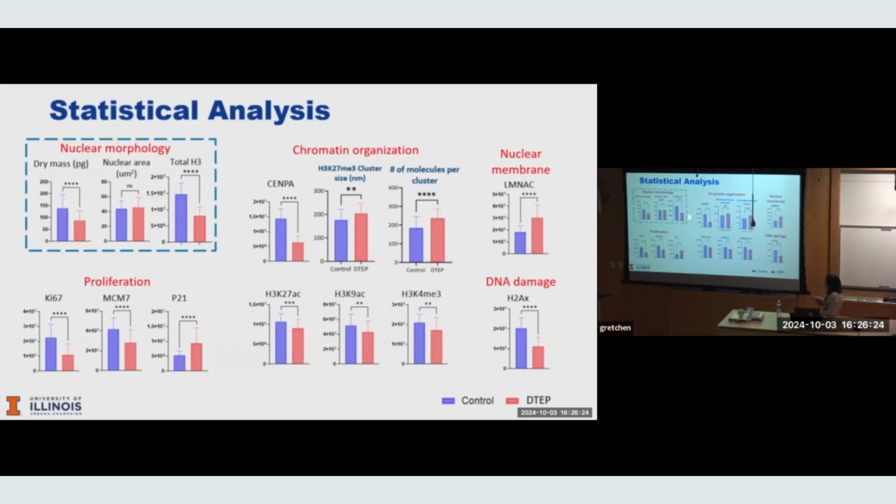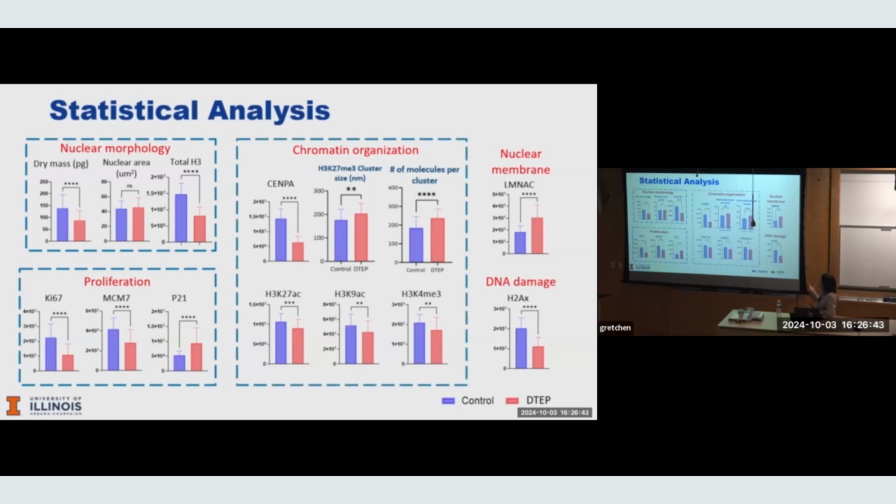That's consistent with overall less DNA content, but nuclear size is similar. Proliferation level is not that high yet, because these cells are still recovering from the lethal drug treatment. And chromatin-wise, they become more compacted as a way to escape the treatment, and they condense the nuclear membrane.